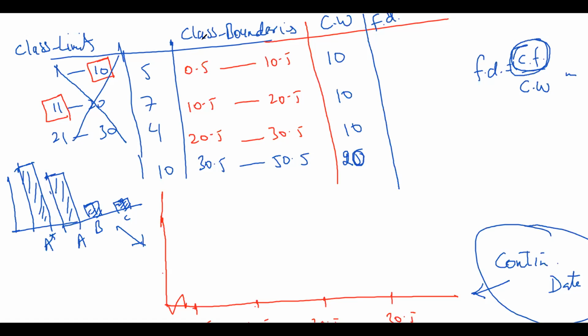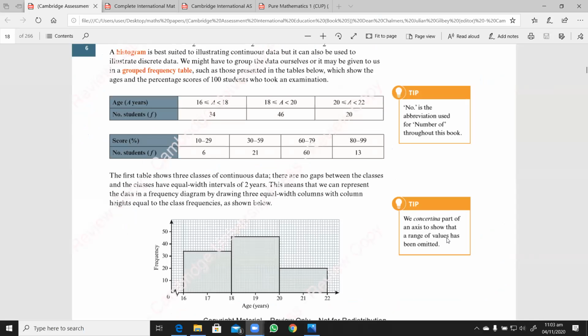Let me show you some already drawn histograms here. Let's go back to the book. Now look at this data over here. Age, A years, and you see this is how you write the continuous data.